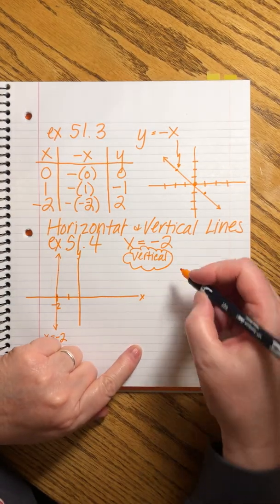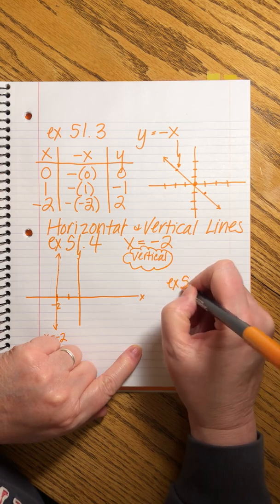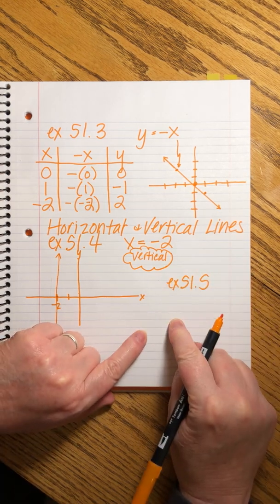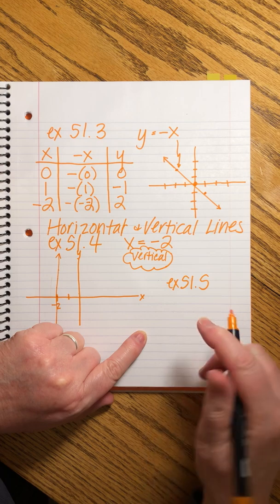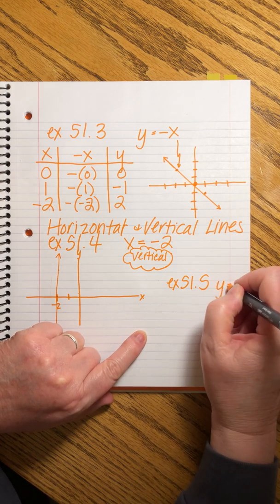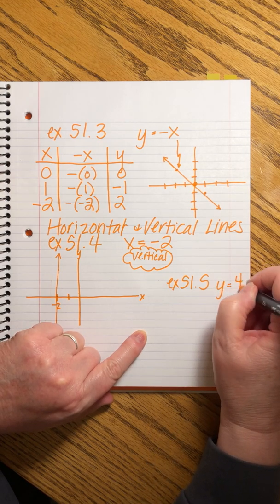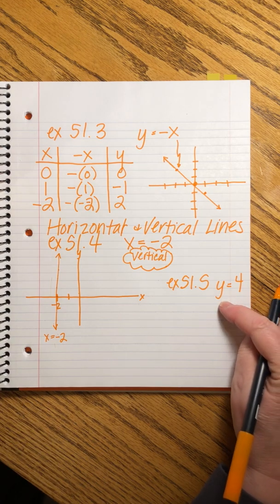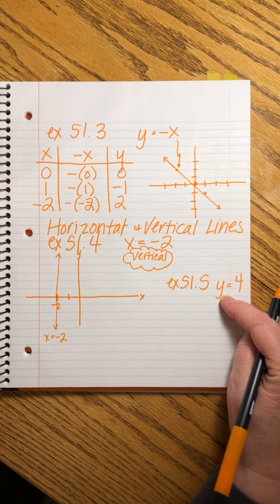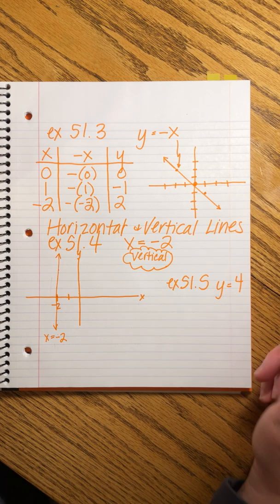I'm going to do example 51.5 down here so that you can compare them. In this one, we have y equals 4. Okay, this one also looks weird. It's just got one letter, but it's going to yield a slightly different picture.